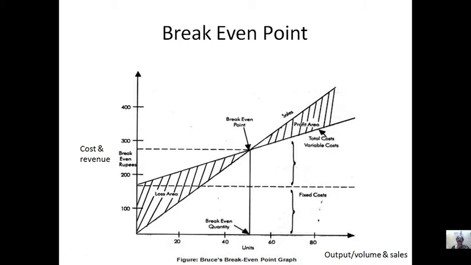Where total cost is equal to the total revenue, this point is called the break-even point. At this stage, the organization can't earn any profit. If they manufacture goods above the BEP level, the organization can get profits, so this is the profit zone.